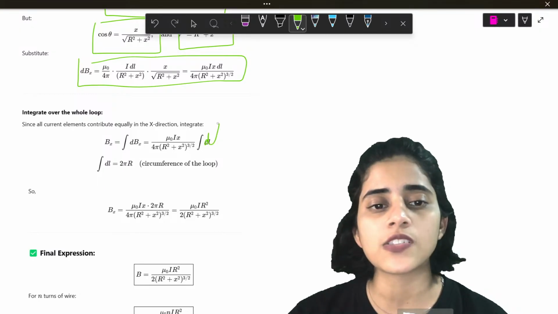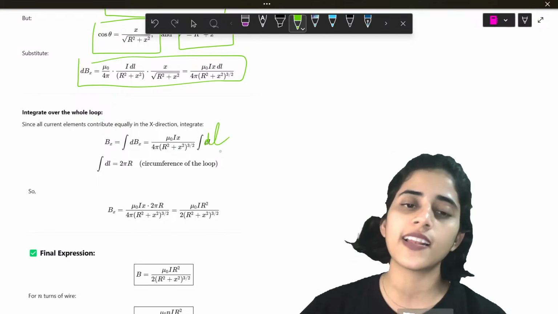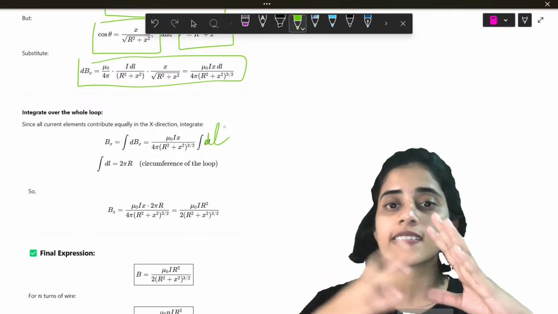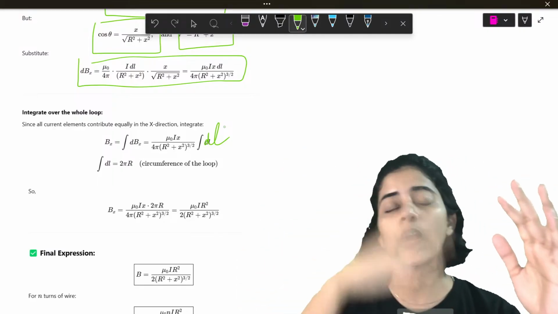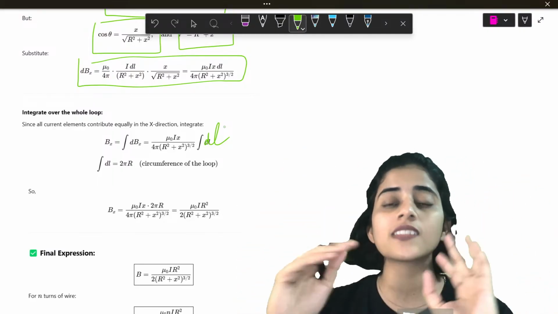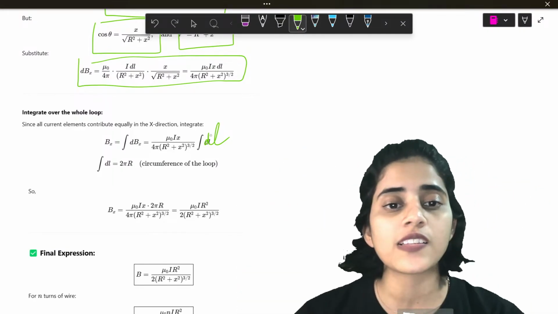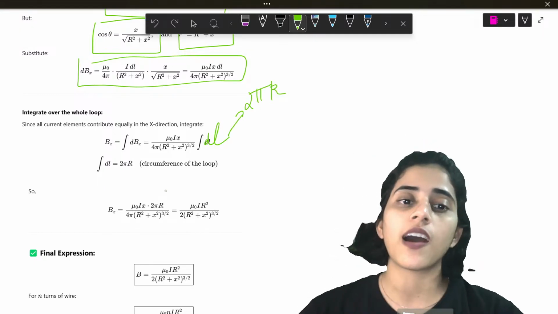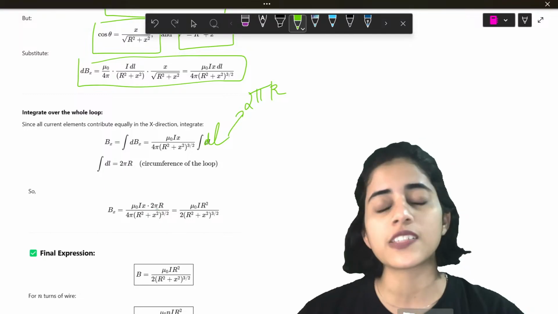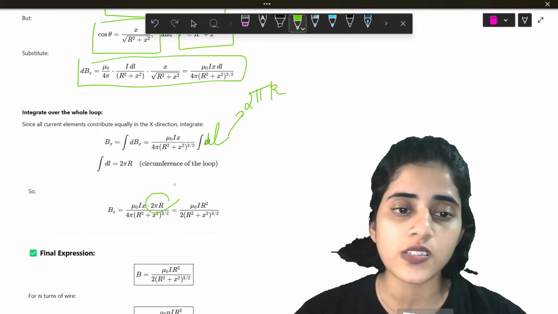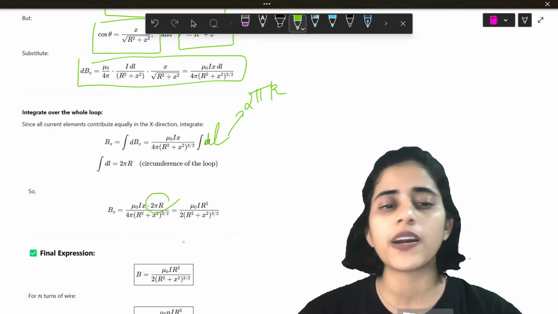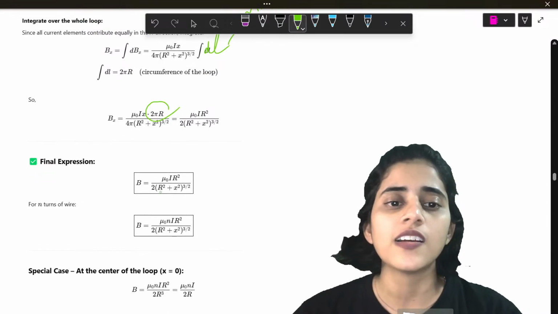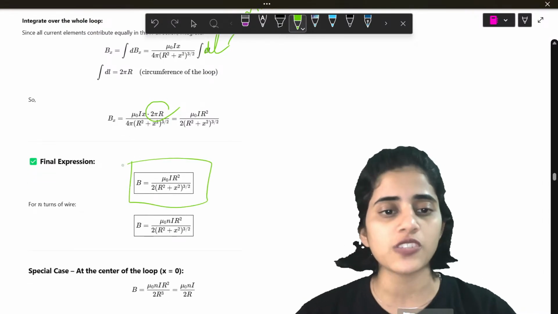What remains is only dl. Now what is dl? It is the length of the circle. How will you find the length of the circle? You get the circumference, which is 2 pi r. Instead of integral dl, you write 2 pi r. Then 2 pi, 4 pi, all of those cancel, and you will get this final expression.